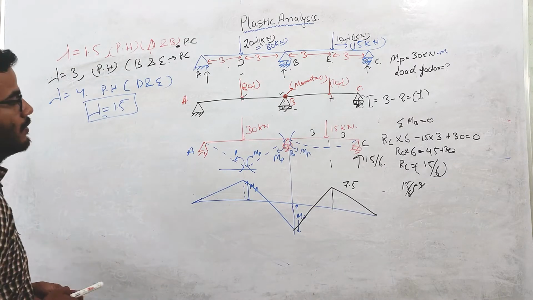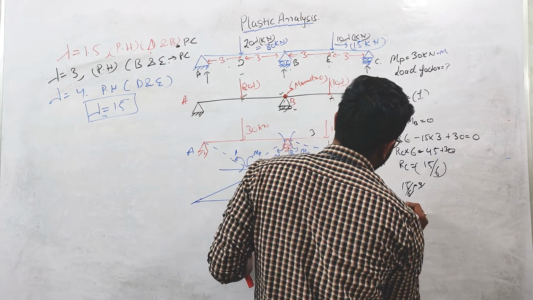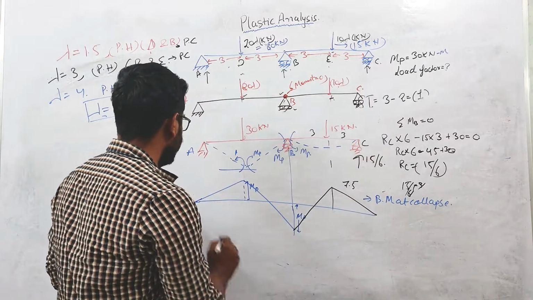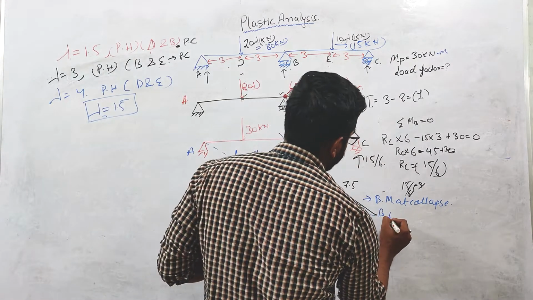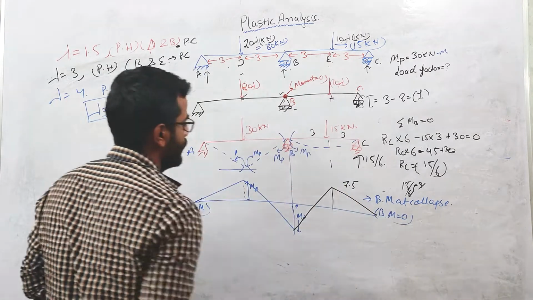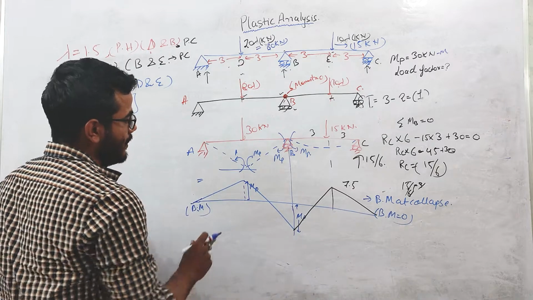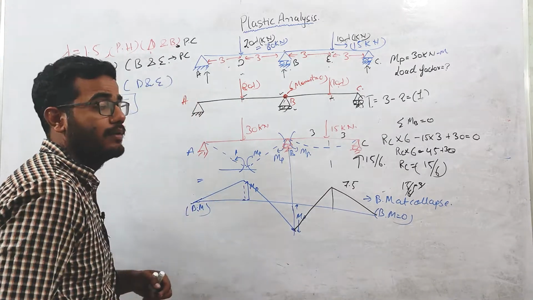So this is the bending moment at collapse. At this A point the bending moment is 0, simply supported end. This is also a simply supported end, so the bending moment is 0 over here. The plastic hinges will form at this point and at this point.